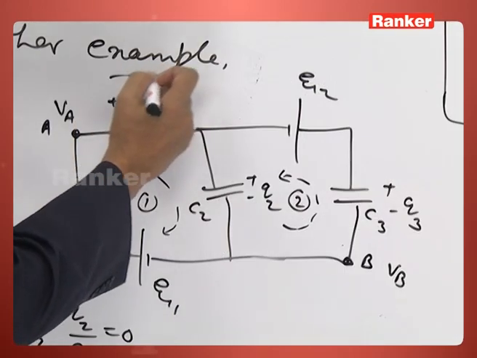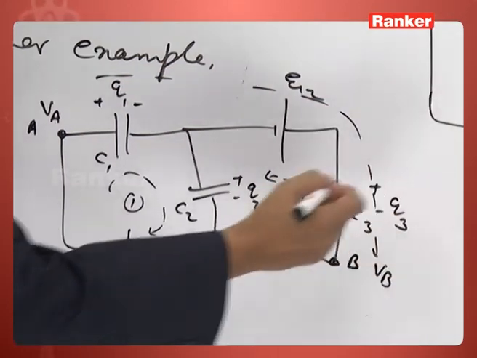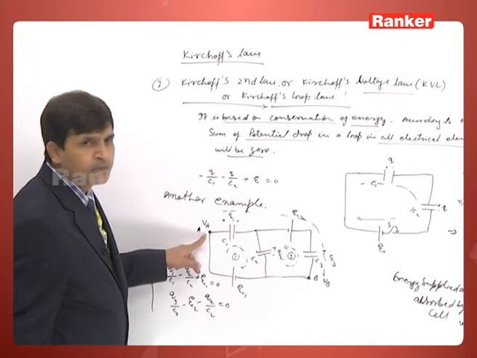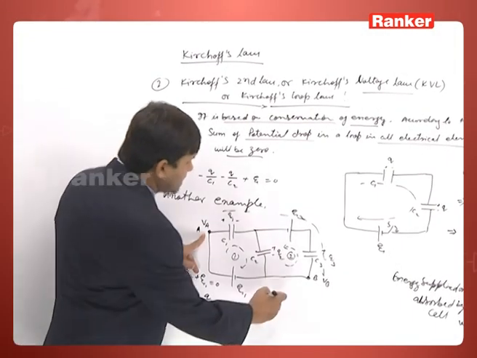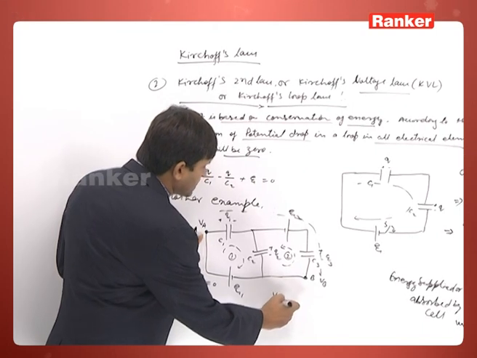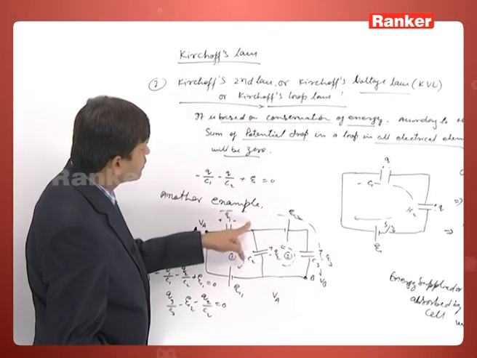Suppose you are moving along this path. Starting from A, first write the potential of point A as VA, then follow the same rule.